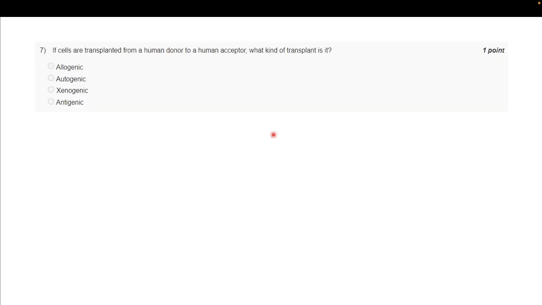Okay. The next question is, if cells are transplanted from a human donor to a human acceptor, what kind of transplant is it? Allogenic. Okay. Thanks for answering. Anybody else? Others, any different answer than option 1?